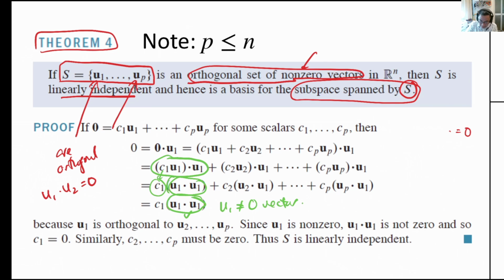However, on the left hand side, we have the 0 value, because it is the zero vector dotting with u1. To get the scalar to be 0, what we need is c1 to be 0. And this can also be proved for c2 all the way to cp. And hence, we have proven that the set of vectors S, when they are orthogonal, are also linearly independent.